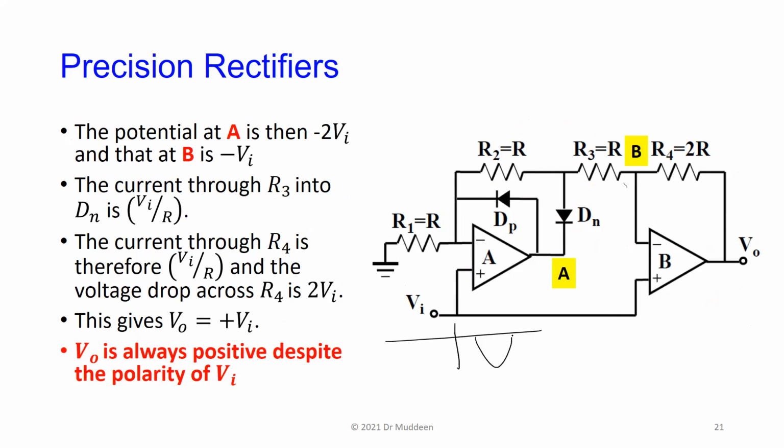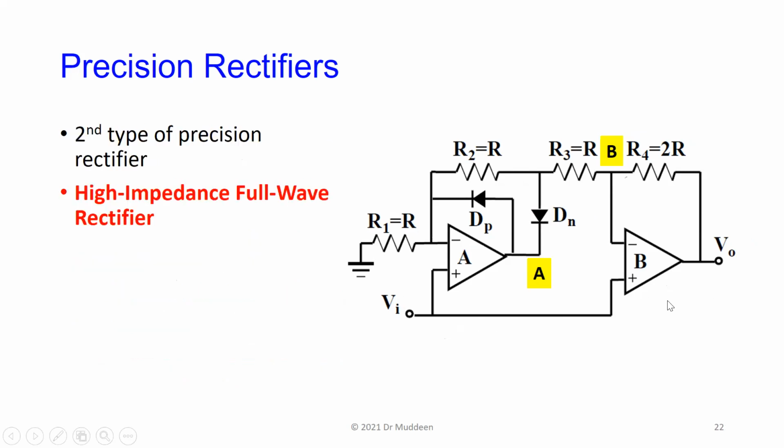When Vi is negative, the output here is positive still. So if you combine the two of them, regardless of what the input is doing, the output is going to be giving me this behavior. When Vn is positive, we get a positive output. When Vn is negative, we get a positive output. So this is in fact a full wave rectifier behavior, right?